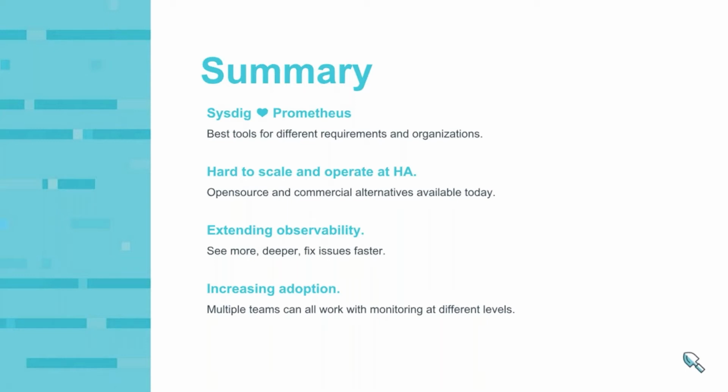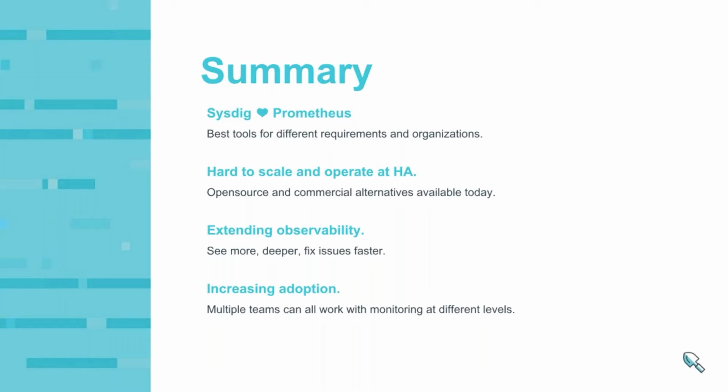It's really hard to scale and operate Prometheus with high availability and long-term storage. Some open source options have appeared recently, but typically you might have to go with a commercial alternative, get support, and work with that to scale.